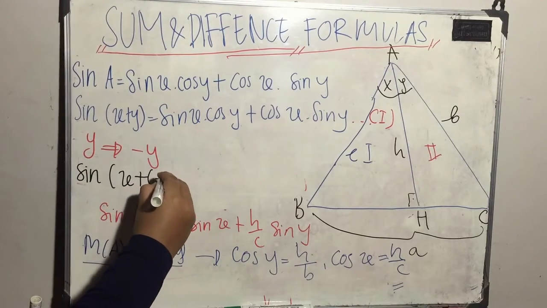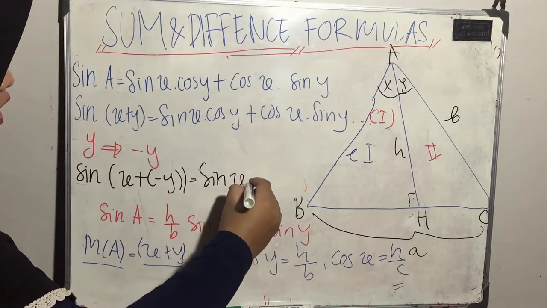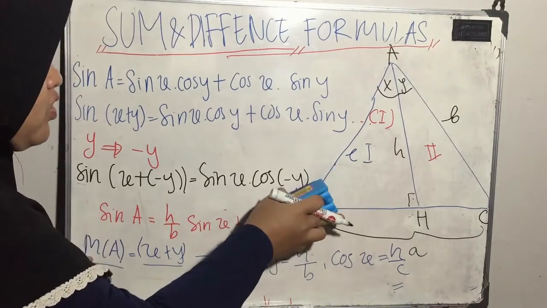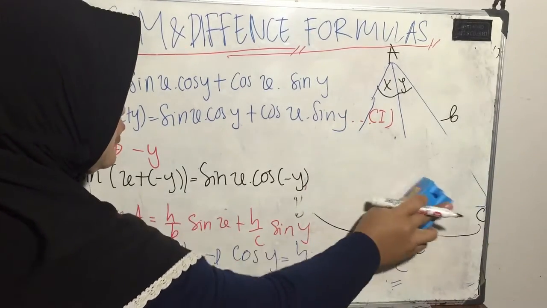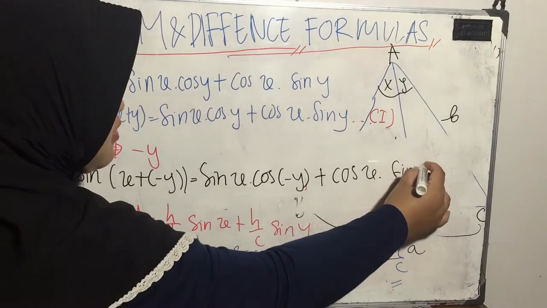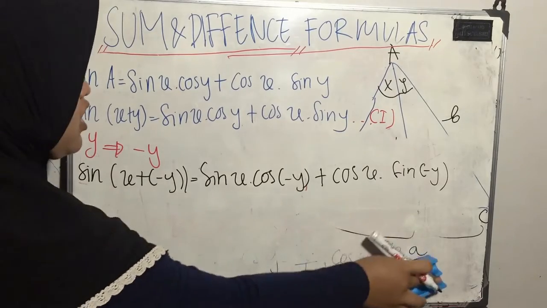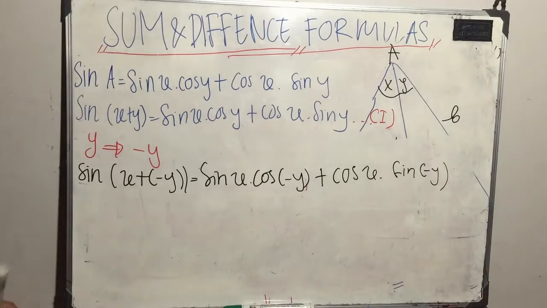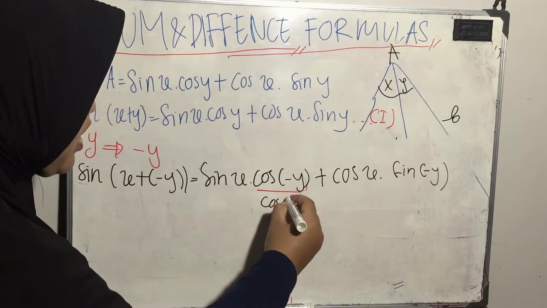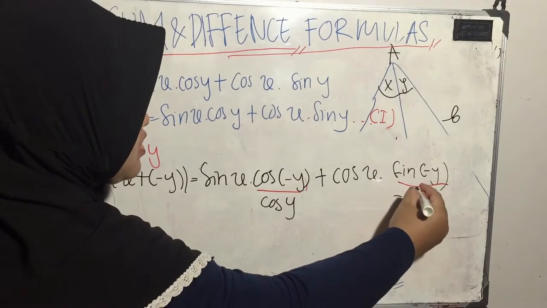So sinus X plus minus Y equals sinus X times cosine minus Y plus cosine X times sinus minus Y. Remember in grade 10 you already know that cosine minus Y is equal to cosine Y, and sinus minus Y is equal to minus sinus Y, everyone.